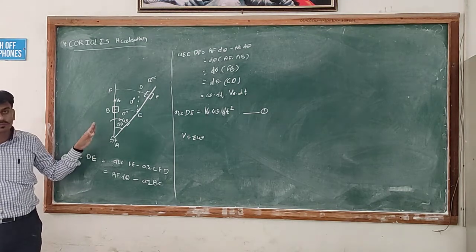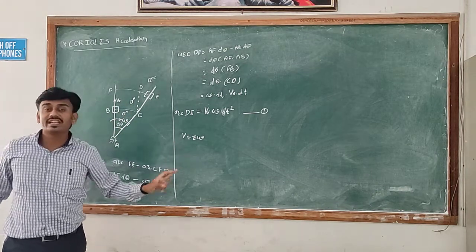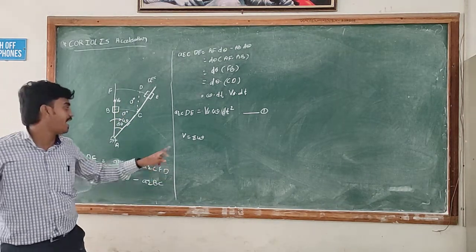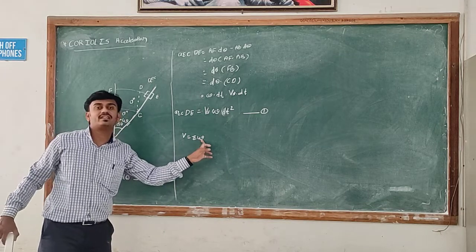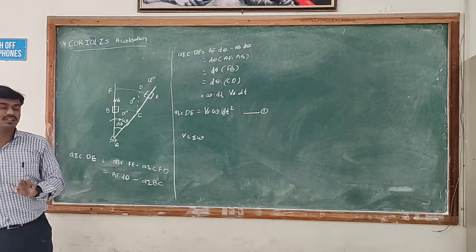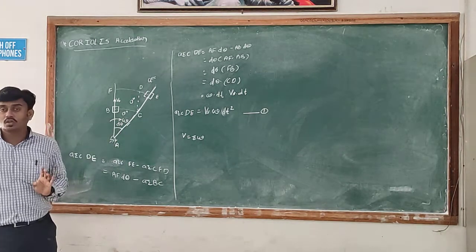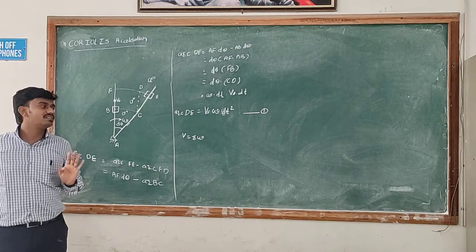As the link is rotated, this R goes on increasing, and since omega is constant, V is also increasing. As R increases, V also increases because omega remains constant in this case.